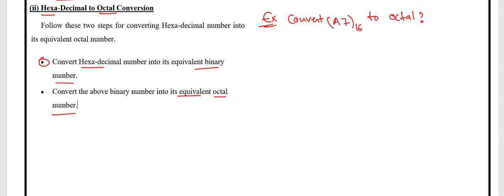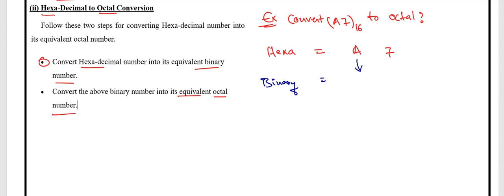So a hexadecimal number is given, that is A7, and we are asked to convert it into octal. First write down the given hexadecimal number. My given hexadecimal number is A and 7. First this number is converted into binary. So I will write the binary equivalent by writing the 4-bit binary equivalent of each hexadecimal digit.